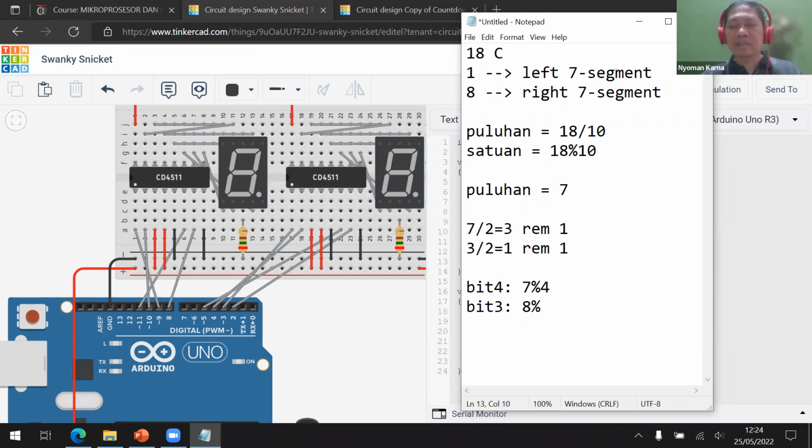So first 7 is calculated using the modulo. 7 modulo 4, we got what? 3. Sorry.